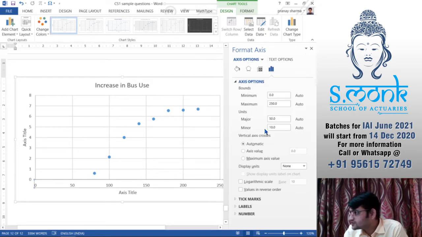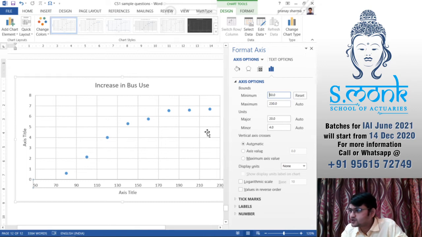This is our axis option, and in minimum rather than 0 I would take 50 because that is much more closer. Okay, and for maximum I think 230 is good enough because 220 is our maximum value. Okay, so this is good enough. You can change your axis values here.